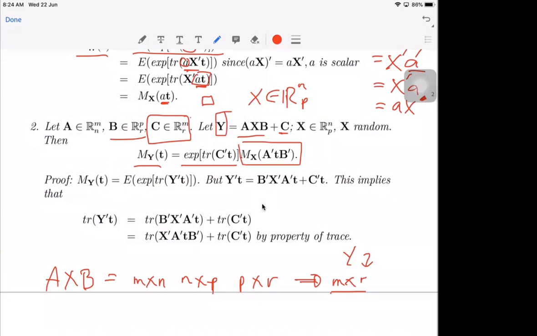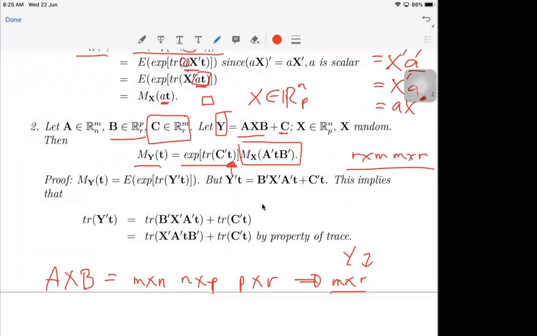which is just a constant actually, because C prime will be r by m, and t here will take the dimension of what? What's the dimension of t? It will be m by r. It will take the dimension of Y. Very good. So that is m by r, so it is conformable.